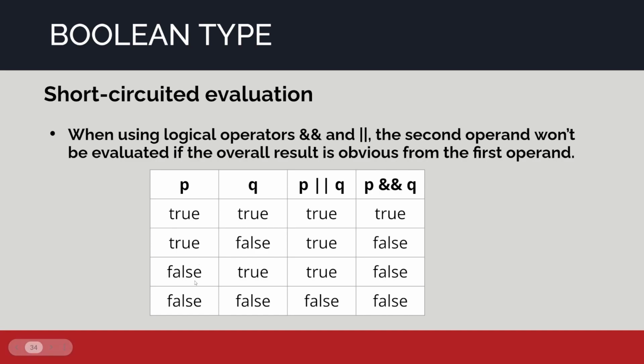In this table, the first input is P. If the first input is false, it will immediately evaluate that expression to false. However, if the first input is true, just like if you open that first candy bar and there were nuts in it, you'd have to check the second one. So Java does the same thing. It will check the second input only if the first one is true. And that's for AND.